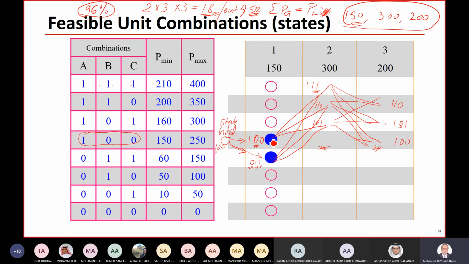We have only two feasible combinations here. And if you are here, you can go to the three feasible combinations here. And if you are here, you can go to any one of those, but you have to observe the constraints of minimum startup and minimum shutdown time.